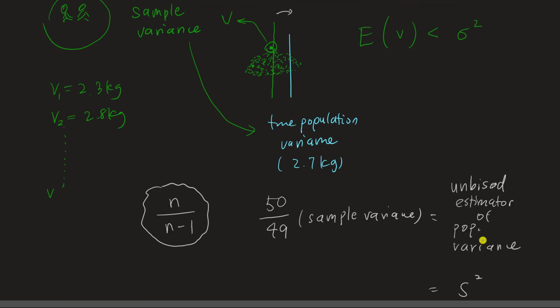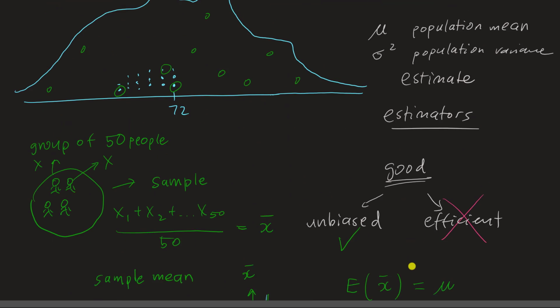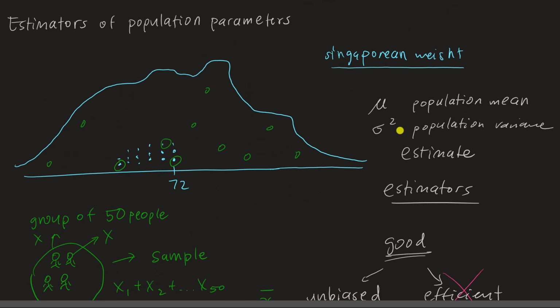So to sum up, why we need estimator is because population parameters such as population mean and population variance are really difficult to find. We do not have the resources to go up to every individual and ask them for their weight. So what we do is, if we really want to find out what is the average weight of Singaporeans, we will estimate it. What do we use to estimate?